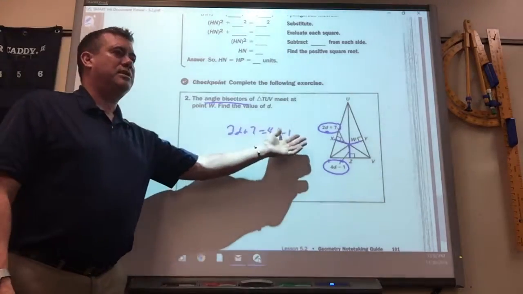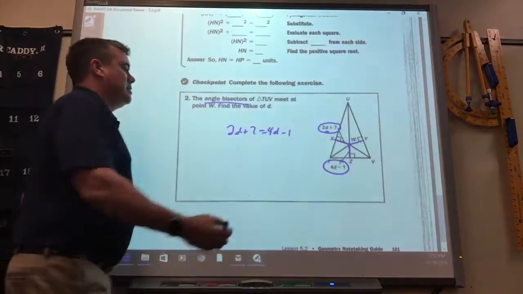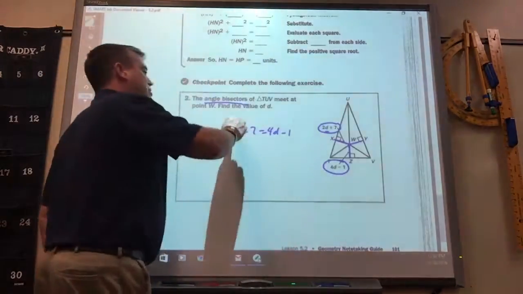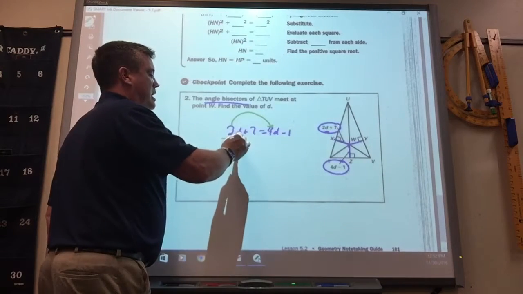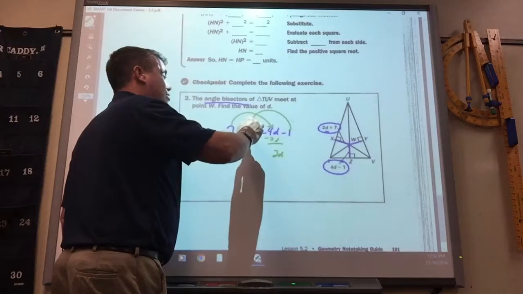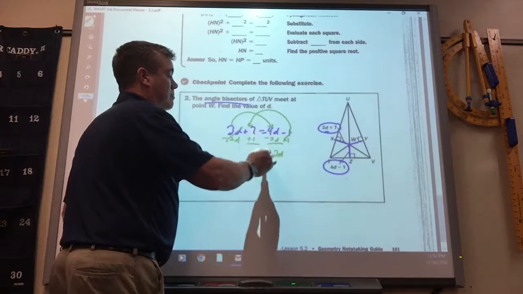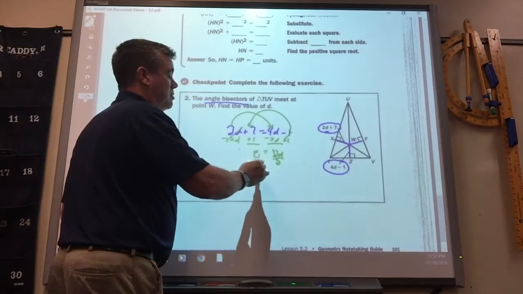They're either going to equal each other or they're going to add up to equal something, usually 180. So, solve it, get the 2D out of there, so you subtract it to move it over here. Get the non-D over here, it's a minus, so you add 1. Drop the equal down, divide by 2, and you get 4.